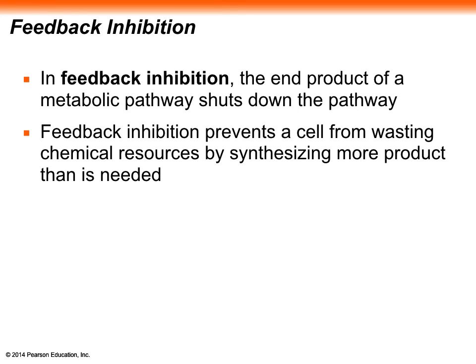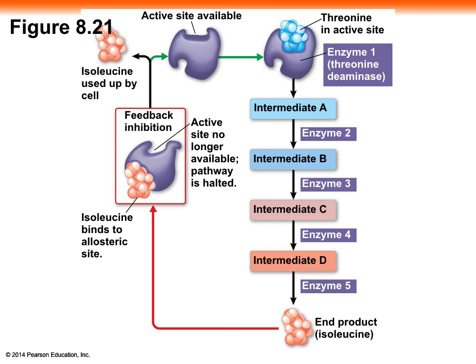In feedback inhibition, the end product of a metabolic pathway shuts down the pathway at the initial step. If you move across and down the right-hand side, where you have enzymes 1, 2, 3, 4, 5 working, you'll make end products, for example, isoleucine.